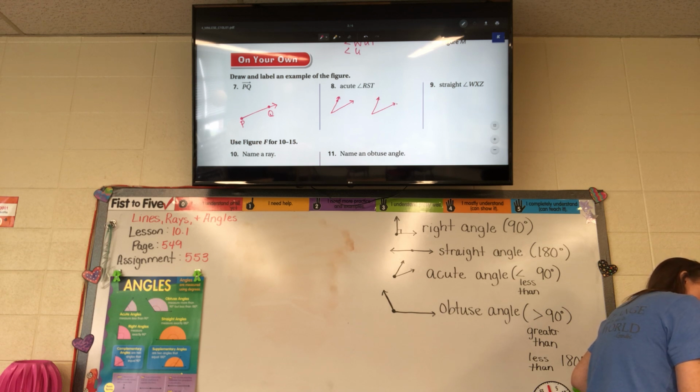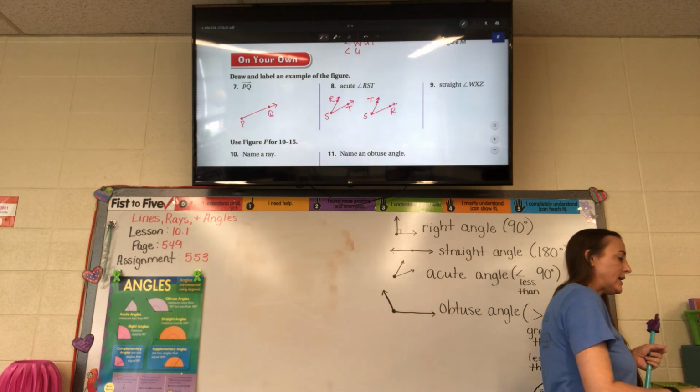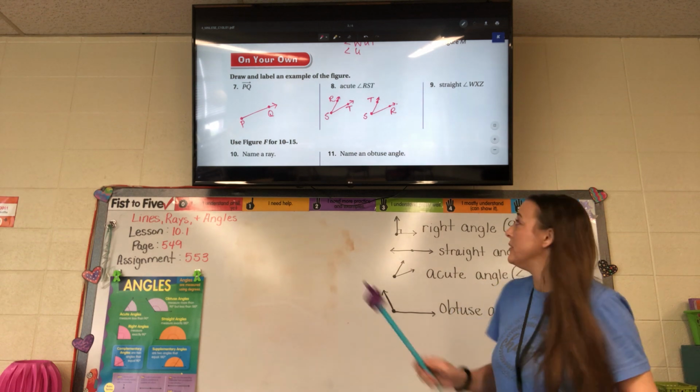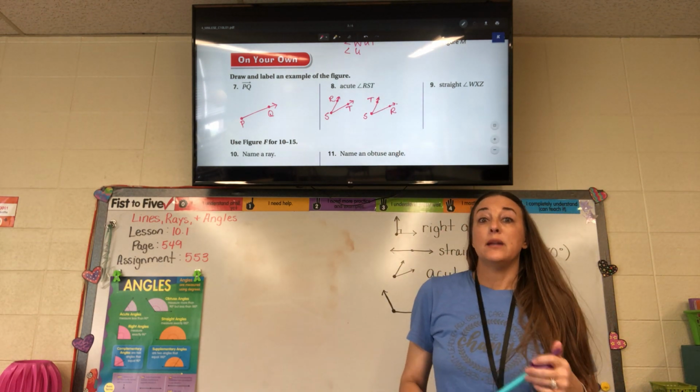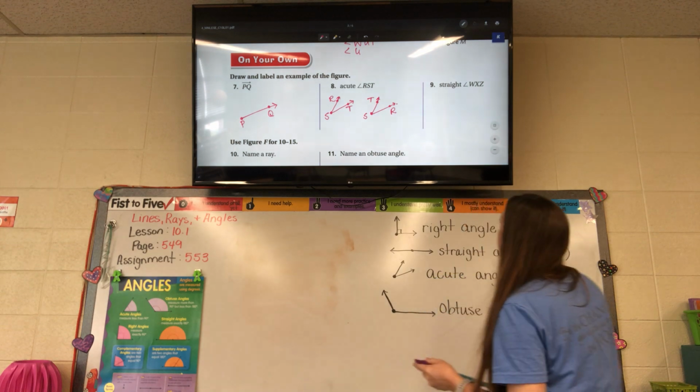All right, so you could name this acute angle RST, or you could name it TSR. What is important again is that S is in the middle because this names your vertex. The middle letter names your vertex.